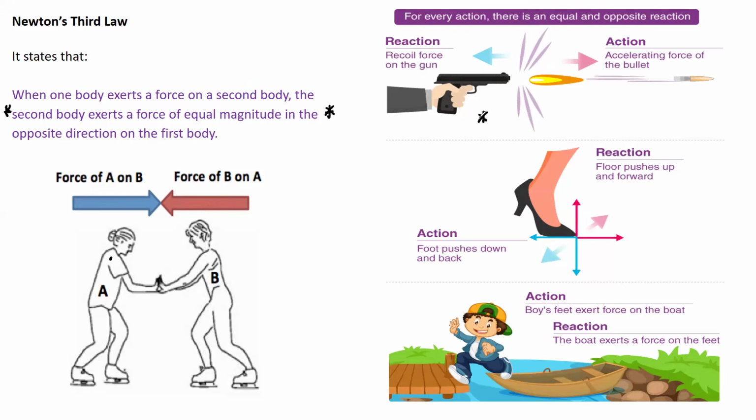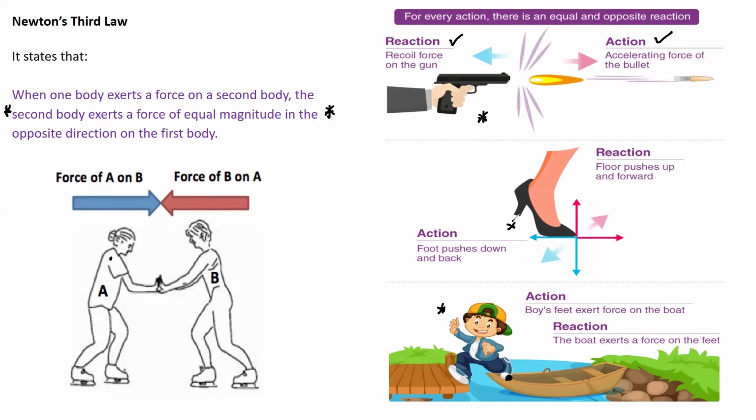Even when firing a gun, the recoil force on the gun is the reaction, and the action is the acceleration force of the bullet. Even when you are on a typical boat, when you jump off the boat, you apply a force on the boat and the boat applies a force on you.